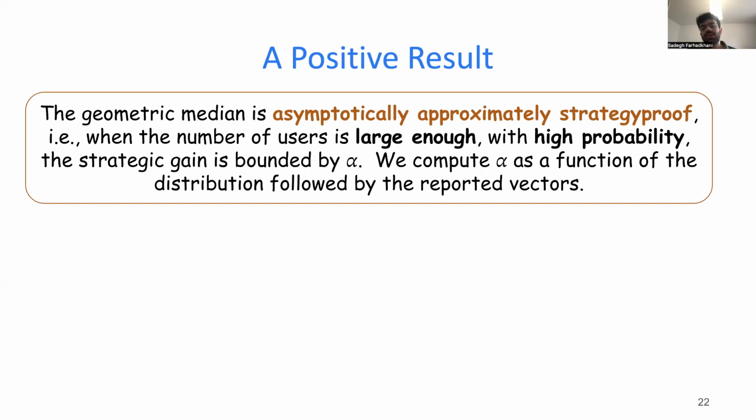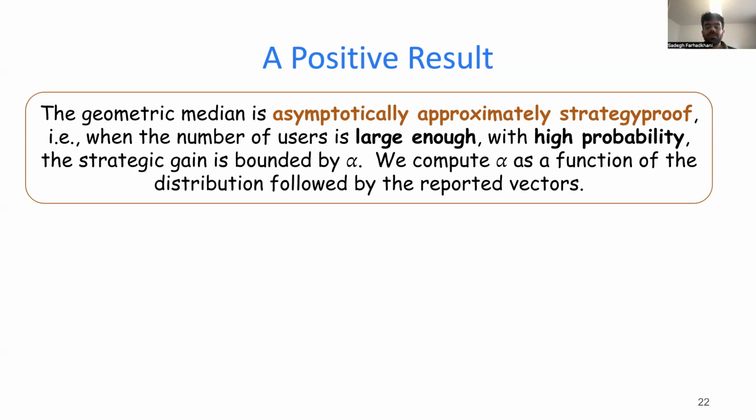On the other side, we also have a positive result in the paper saying that under a mild smoothness assumption on the distribution of the vectors, the geometric median is asymptotically approximately strategyproof. It means that if the number of users is large enough, with high probability, the strategic gain would be bounded by parameter alpha.